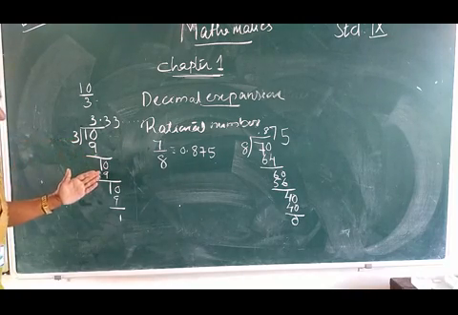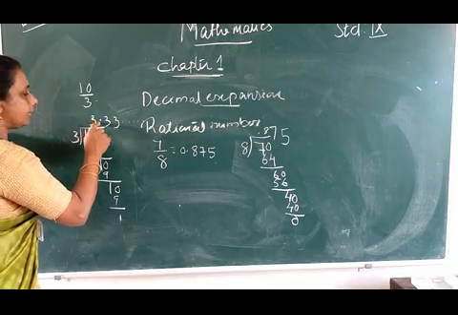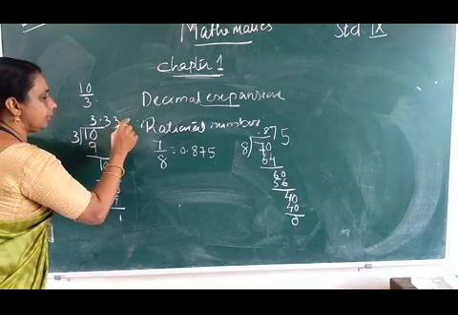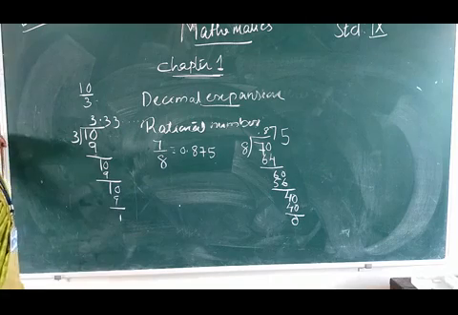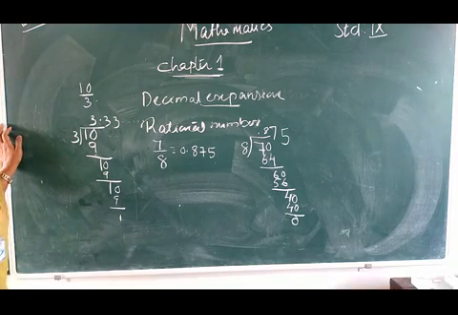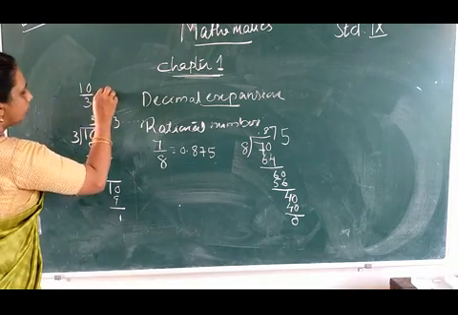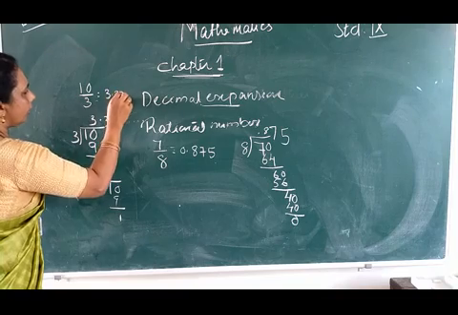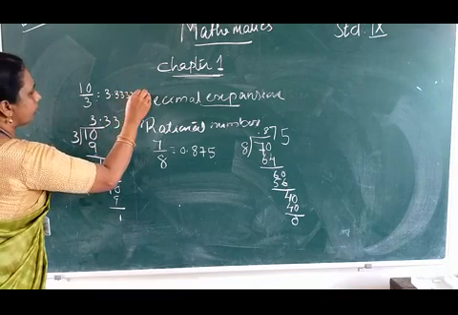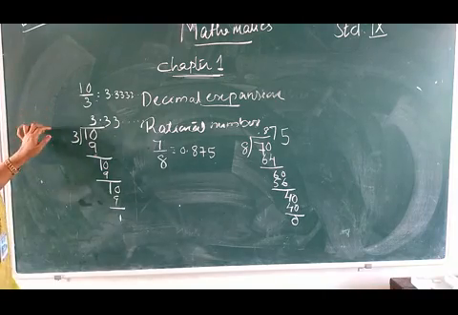Always the remainder becomes 1, 1, 1, and so on. The quotient digit after the decimal is repeating, and the remainder is not equal to 0. So the decimal expansion of 10 by 3 is 3.3333 etc.